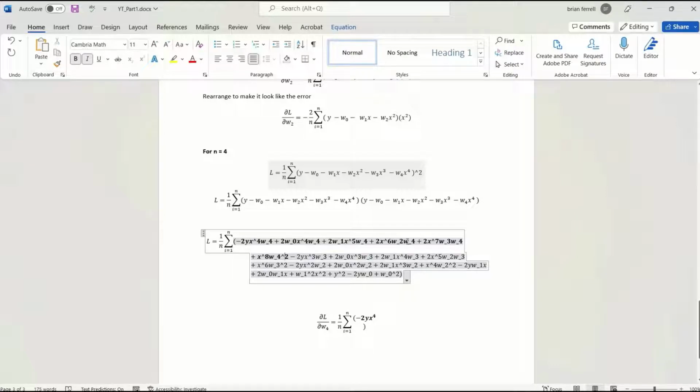So pretty much every single one that has a weight 4 is going to drop except for that last one. This one gets added, and then here, I'll just copy in this.